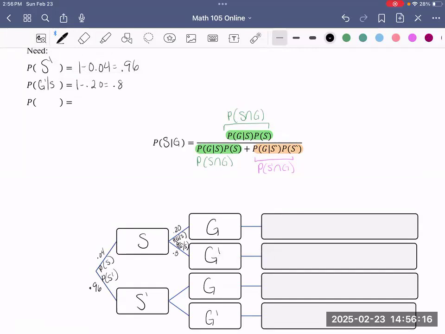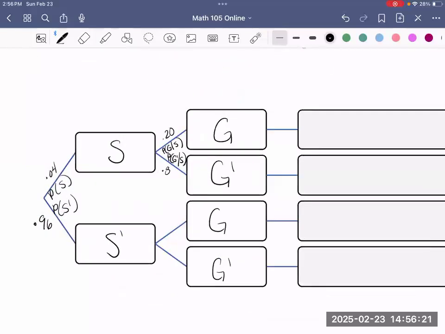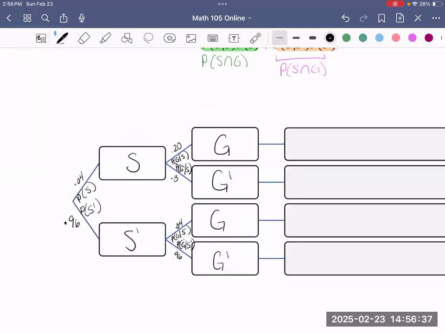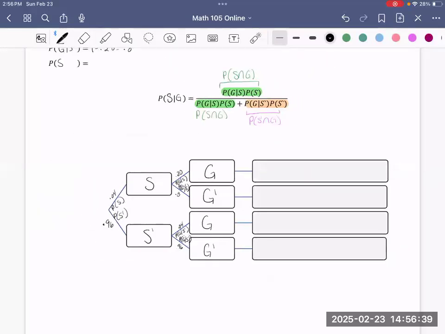Now, we are also given the probability that it's growing, but not snowing. We said that was 0.04, one more. So when it's not growing and not snowing, we have 0.96 once more. So we have 0.04, 0.96. There we go.